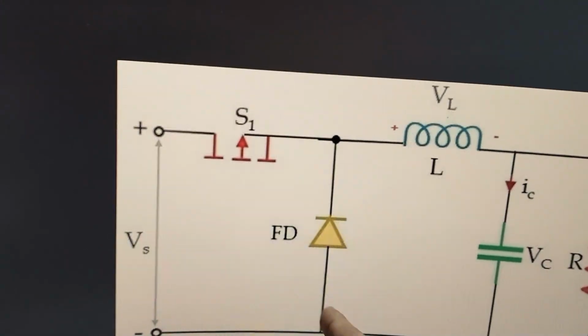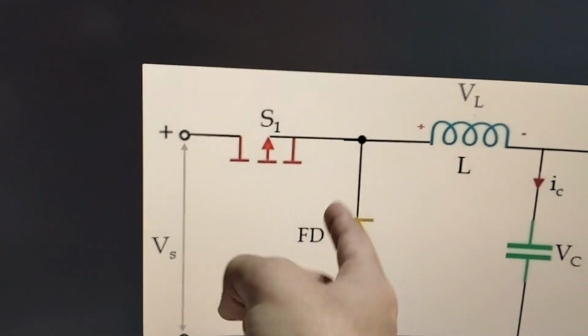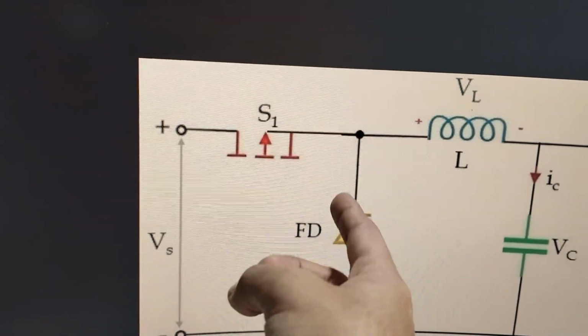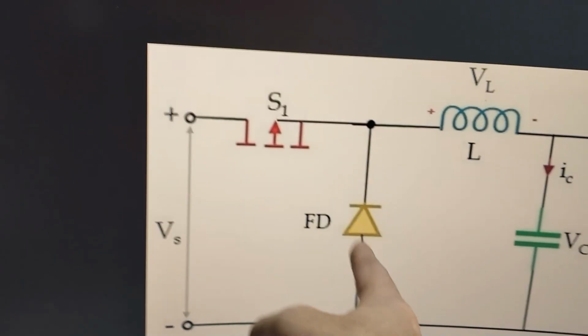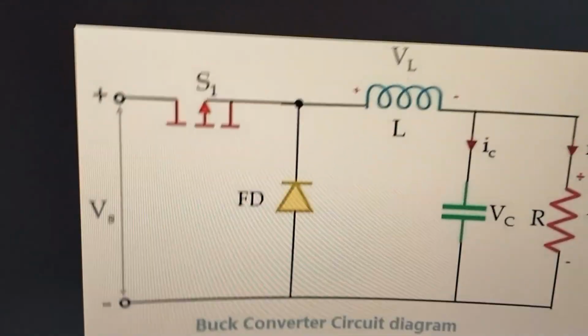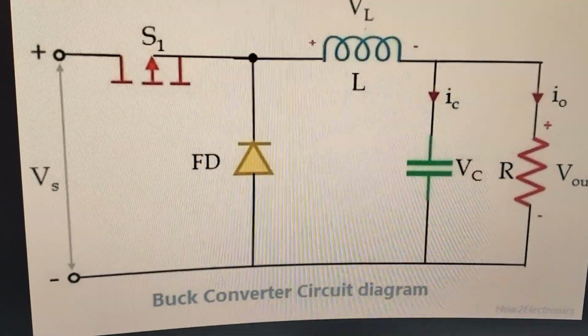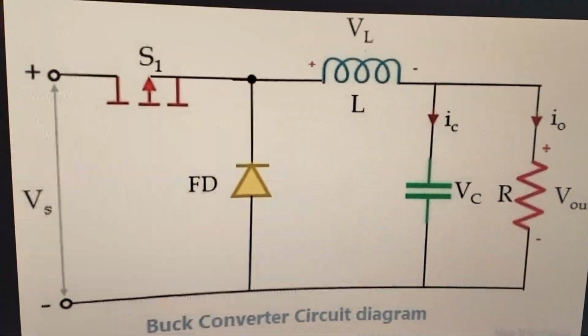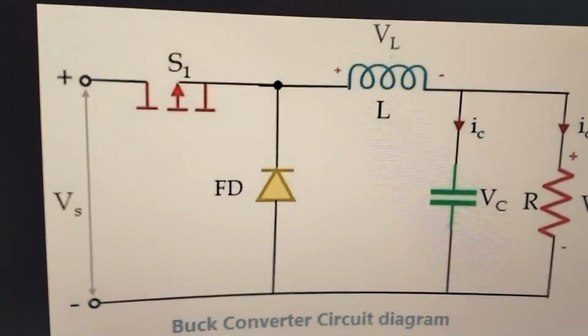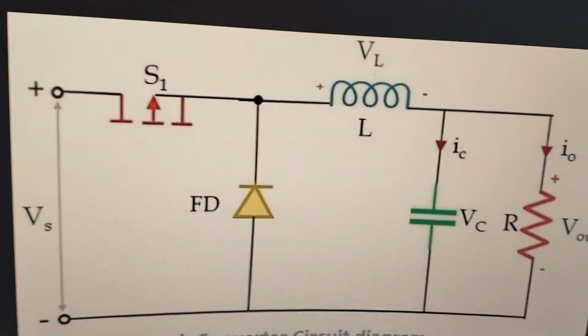And in that case, this point would still be around 0.7 volt below ground, since the drop of this is there. So this is not referenced to ground, so you can't directly drive this. You need a high side driver, and in my case I'll be using a bootstrap driver, which I'll show you later. But yeah, this is the basic circuit.